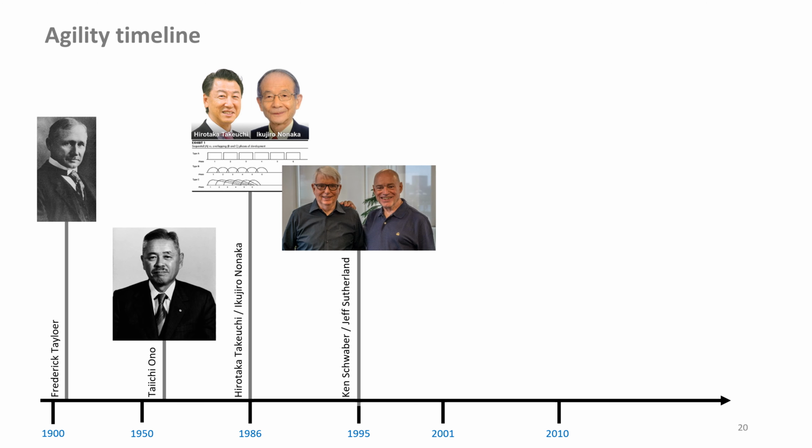Ken Schwaber and Jeff Sutherland. In 1995, Ken Schwaber and Jeff Sutherland introduced Scrum as a framework. They thought about how to take what was written in 1986 and put it into a set of rules so that teams could work according to it and achieve similar success.